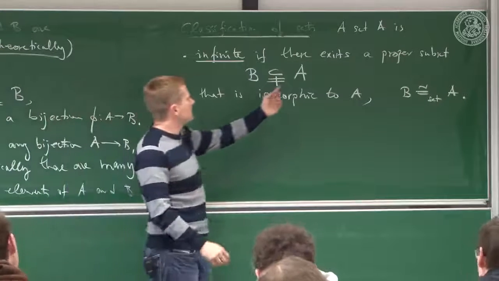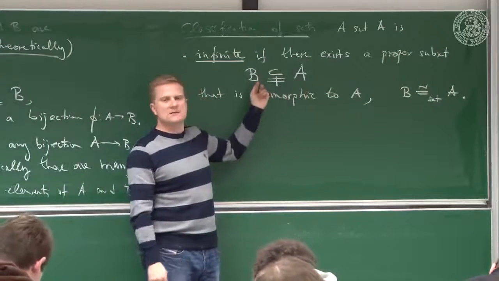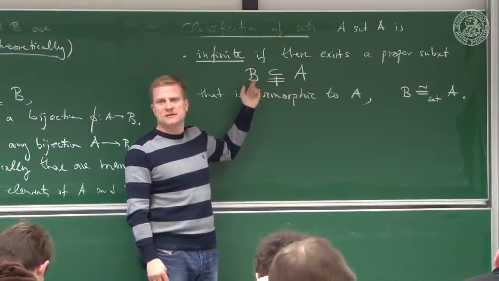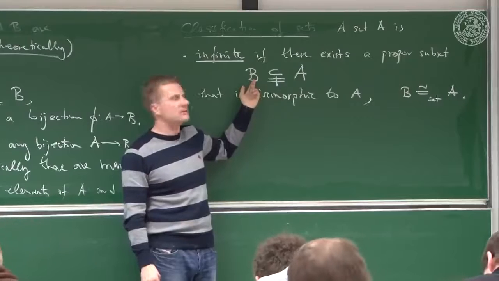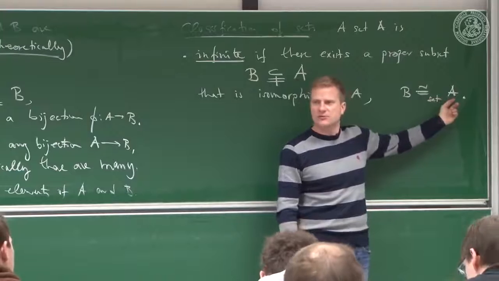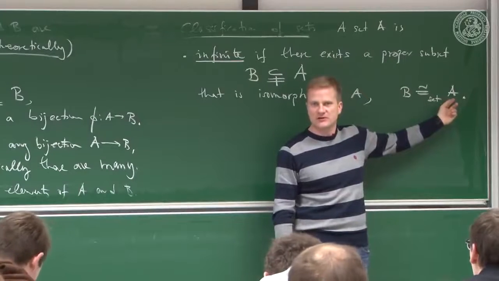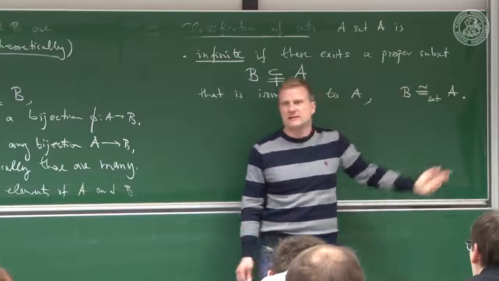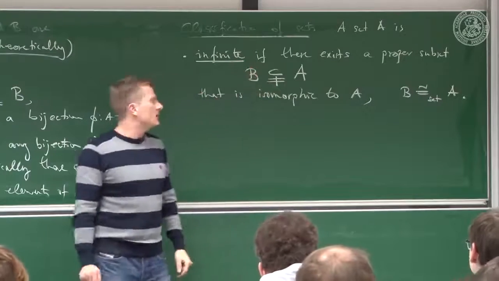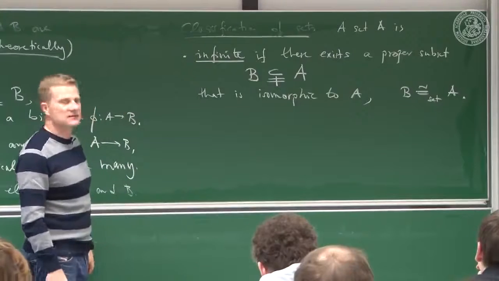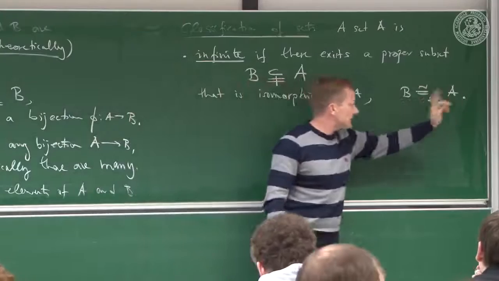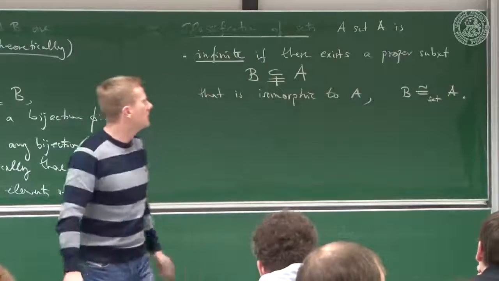If you have a finite set A, say the finite set {1, 2, 3}, and you have a proper subset, the set {1, 2}, okay, it's a proper subset. Then {1, 2} is not isomorphic to {1, 2, 3}. You don't find a bijection there. So for finite sets, this seems impossible. But it is precisely the signature of an infinite set that there exists a proper subset such that the subset, however, is still isomorphic to A.